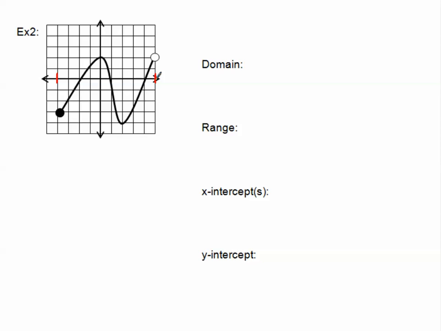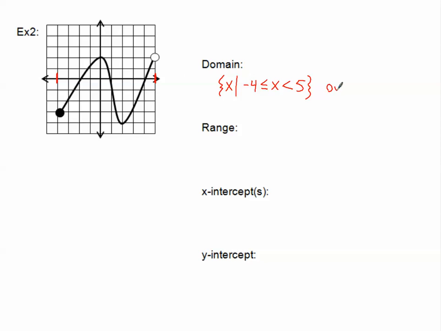which is +5. So in set notation, I'm going to say all x such that I'm starting at -4, and I get to include it, and then I'm ending at +5, but I don't get to include it. So I'm going to say -4 less than or equal to x, which is strictly less than 5. Notice that I'm not putting the equal to part here because we have this open circle.